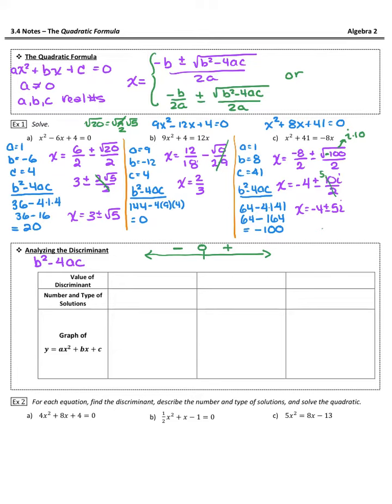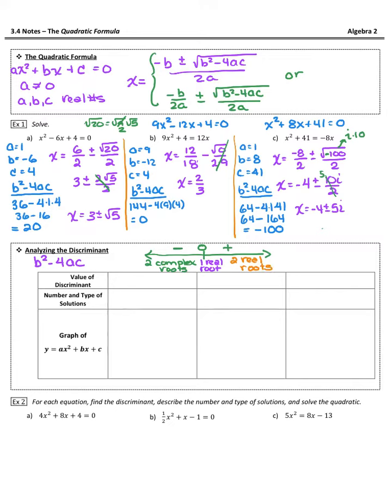So when you do b squared minus 4ac, if you get a negative number, that means you're going to have 2 complex roots. There's going to be an i in your answer. If you get 0, like we did in the middle example, you're only going to have 1 real root. And if you get a positive number, like in our first example, then you have 2 real roots.